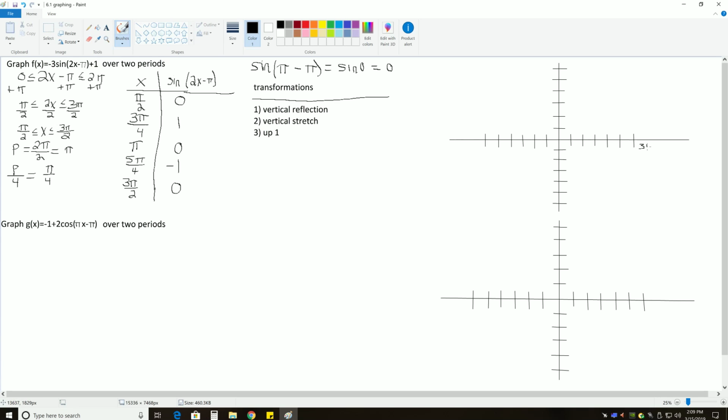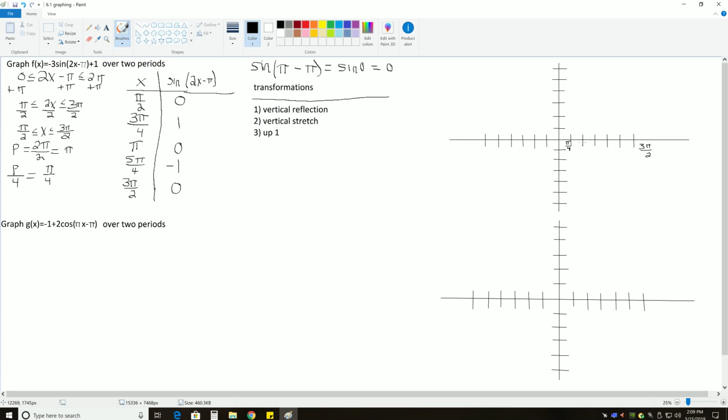We'll just label this as 3 pi over 2 and this as pi over 4, just to give a general idea of what each of these tick marks means. So this pi over 4 tells us that a tick mark means a distance of pi over 4, and then this last one tells us that our final tick mark is a distance of 3 pi over 2.